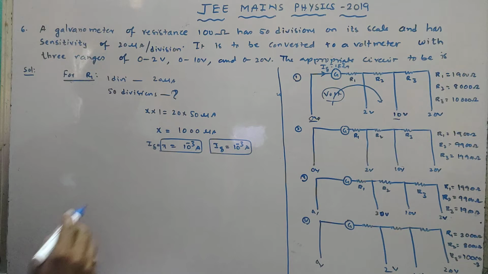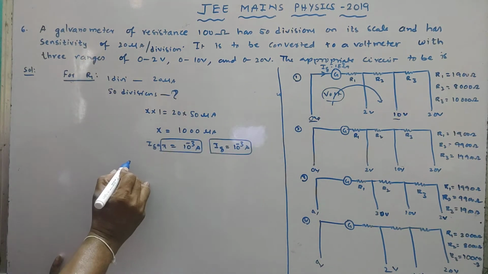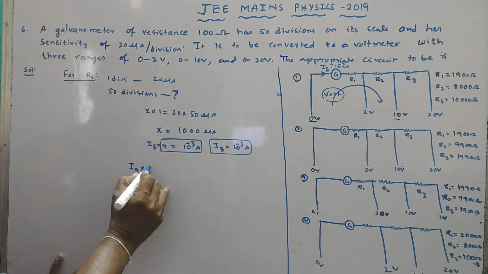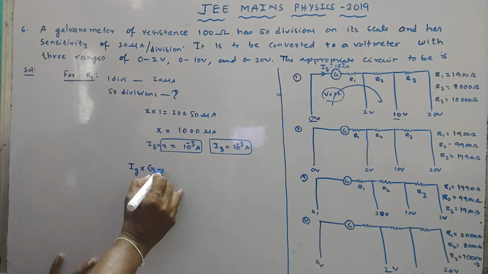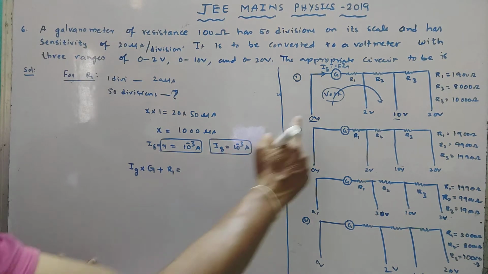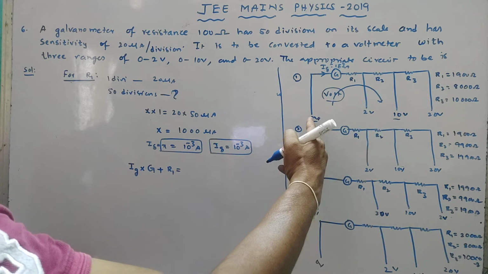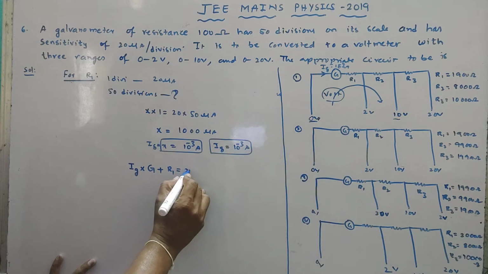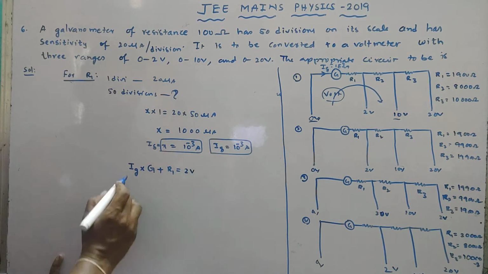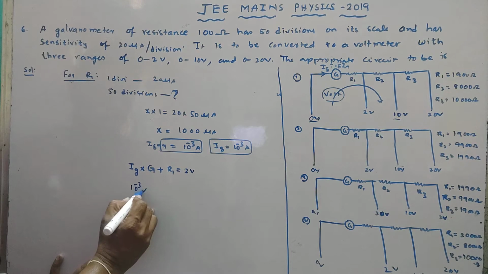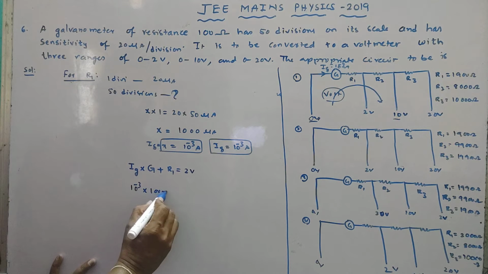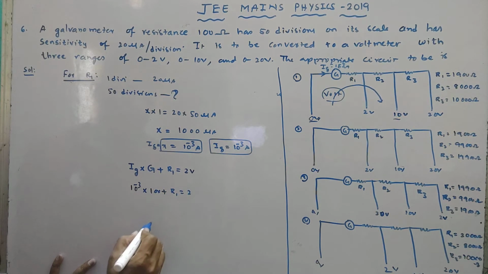Okay, now we can calculate the R1 value. The current in the galvanometer into the galvanometer resistance plus R1 equals the voltage difference to which we are converting the voltmeter. The range of the voltmeter is 0 to 2 volts, so the maximum value is 2 volts. So Ig is 10 power minus 3 into G, the resistance of the galvanometer 100 ohm, plus R1 equals 2 volts.